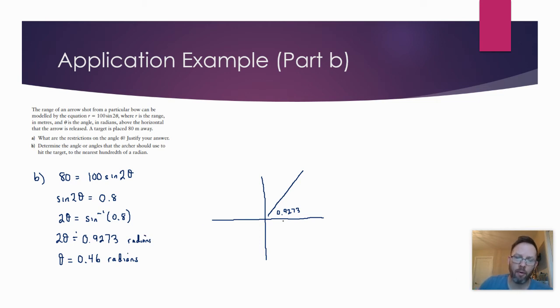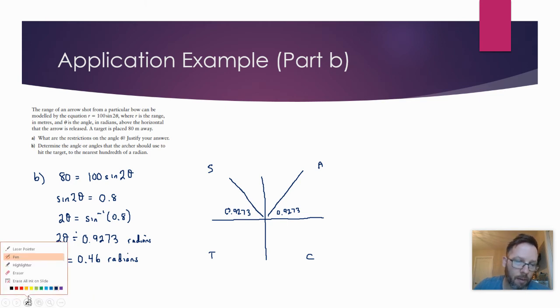And then we have to remember with the CAST rule, we get 2 possibilities. So we're going to get a second value off in this quadrant that also makes an angle of 0.9273 radians with the x-axis.